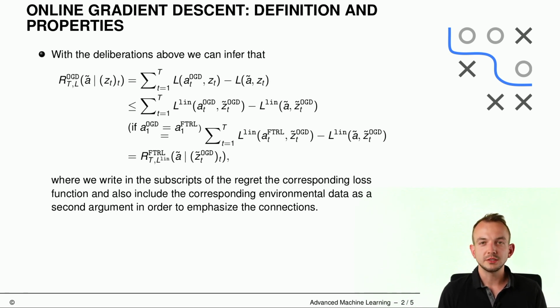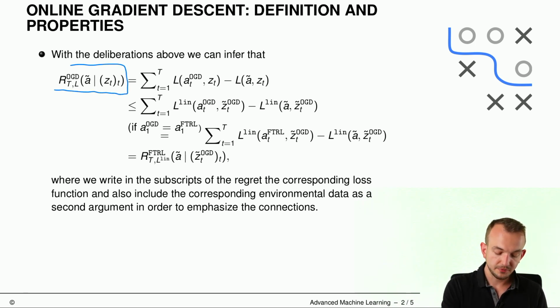What we are interested in when we want to analyze online gradient descent for an online convex optimization problem is the regret we suffer for the convex loss function L, which we include here in the index of the regret notation to make it more explicit, on the real environmental data points, the sequence of environmental data points we will see, these Z_t without the tilde.